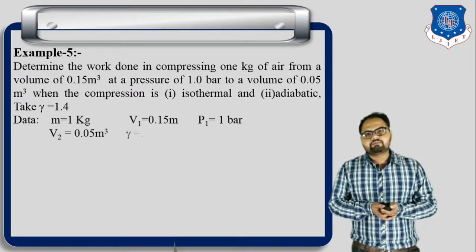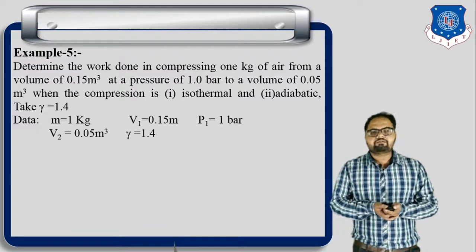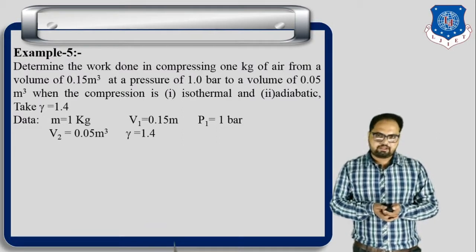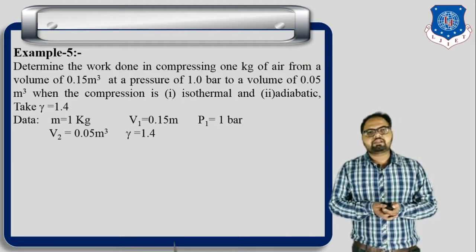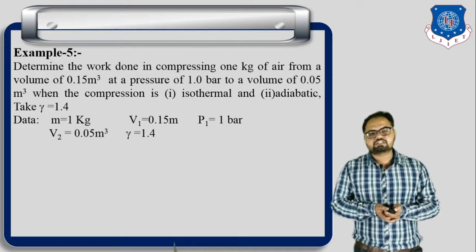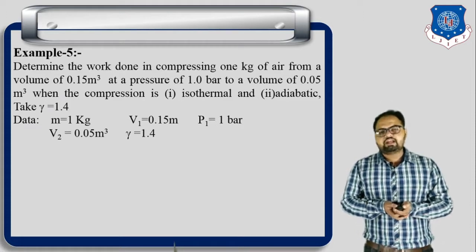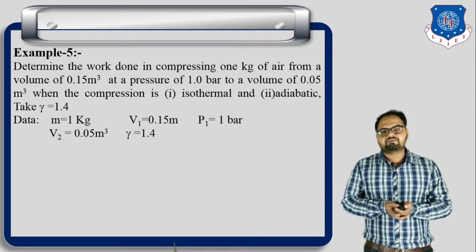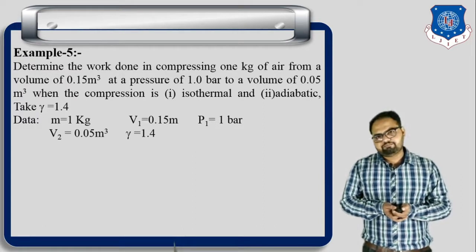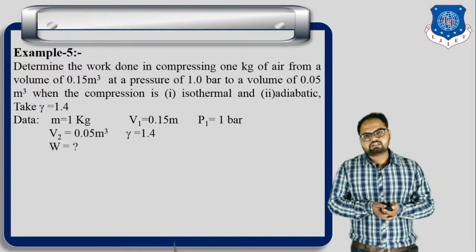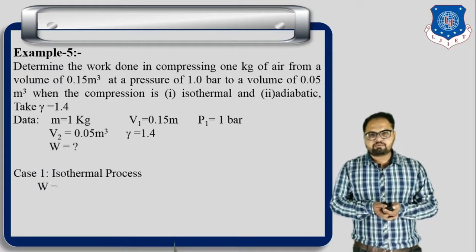For solving this numerical, we need to find out the work done during the isothermal process and the work done during the adiabatic process. The work done during the isothermal process is P1 V1 log V2 by V1 base e, and for the adiabatic process it is (P1 V1 minus P2 V2) upon (gamma minus 1). So let's start with the isothermal process.